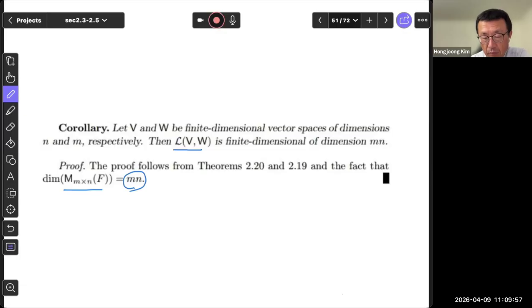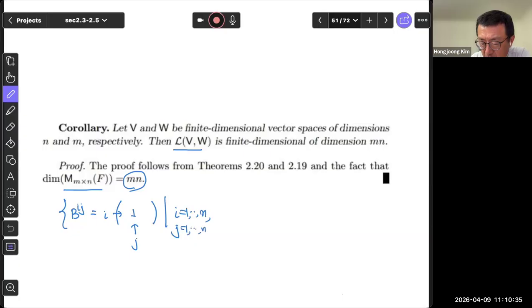If I have just one in the ith row, jth column, and all the other entries are 0, and I call this matrix B sub ij, then this is a basis for the M sub m by n space. So the dimension is m times n.